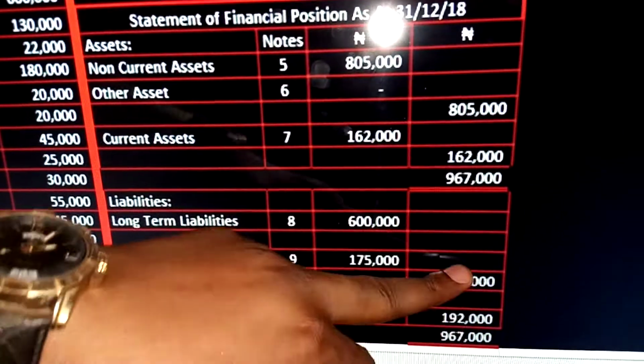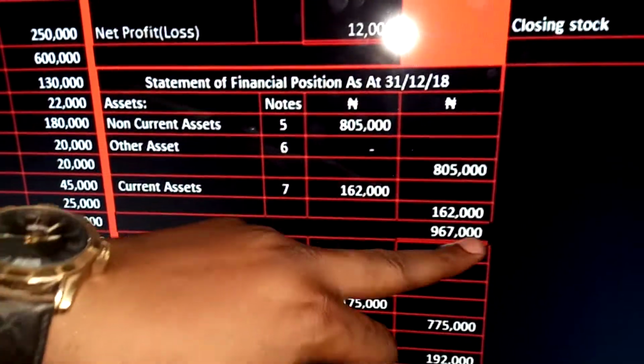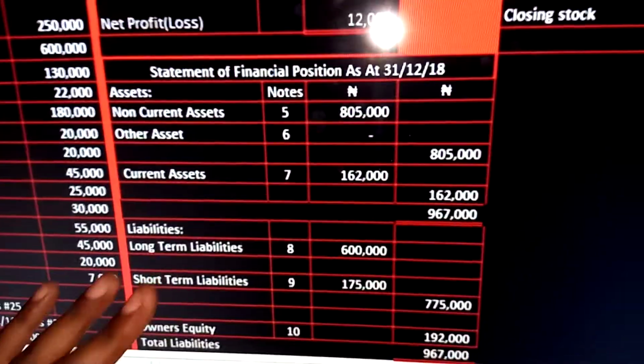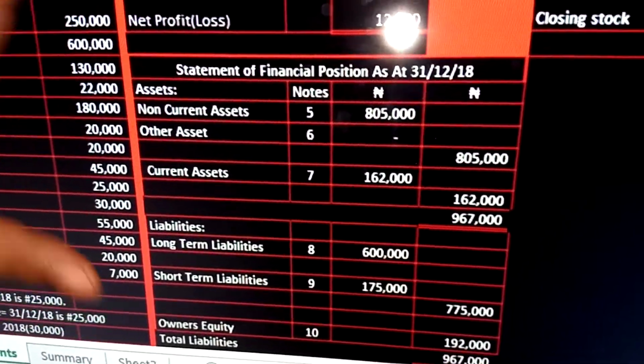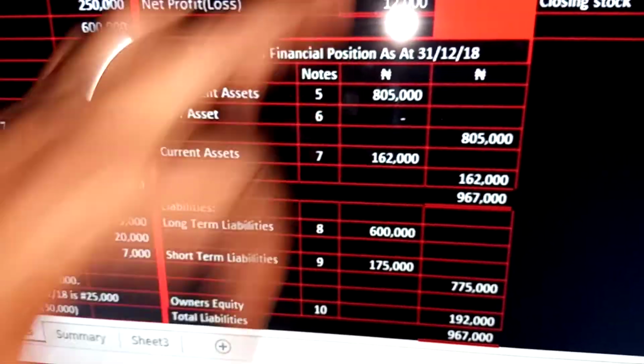If you add this to the liabilities, you have 967,000. Total liabilities and equity is 967,000. Total assets is 967,000. That is your statement of financial position, showing your assets and your liabilities as at 31st December 2018. So this is a class on accruals, also called owings or arrears.